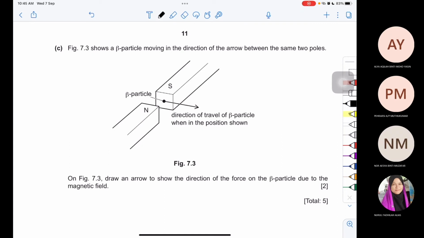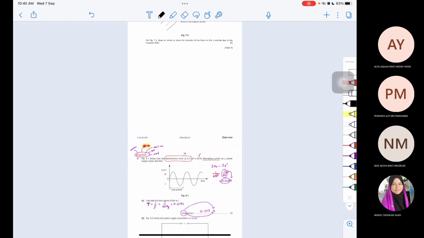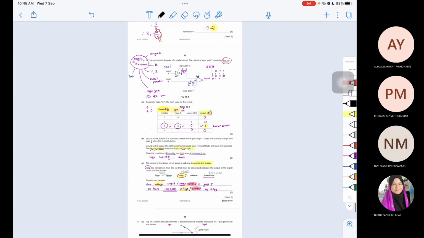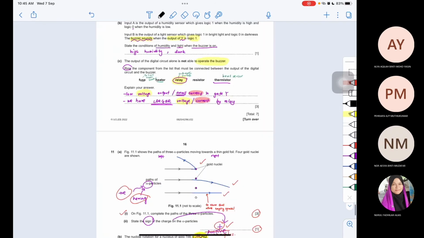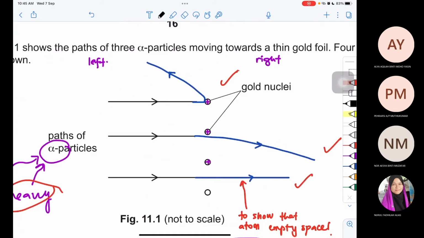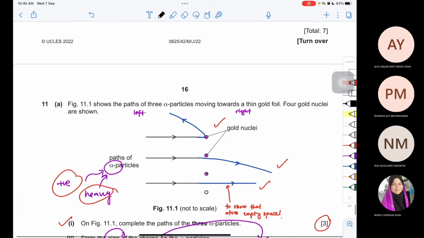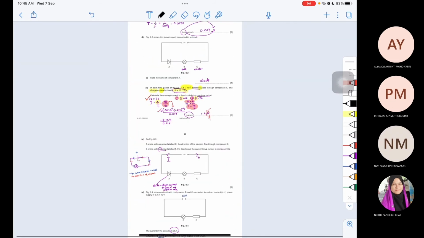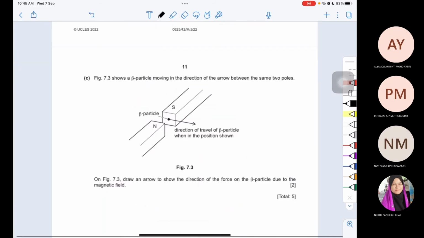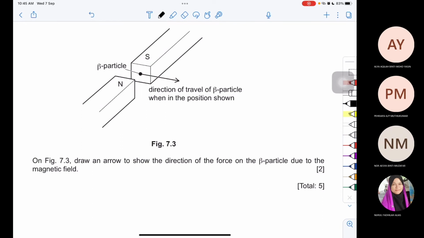Now, what do you know about a beta particle? Yes, it's negatively charged. Okay, yang ni alpha. Alpha particles always positive. Tapi soalan ni, dia mention beta and you have to know beta is negative. Okay, so beta is negatively charged.